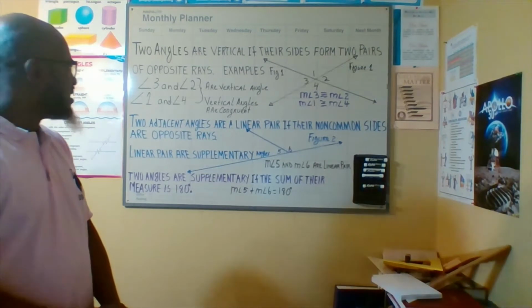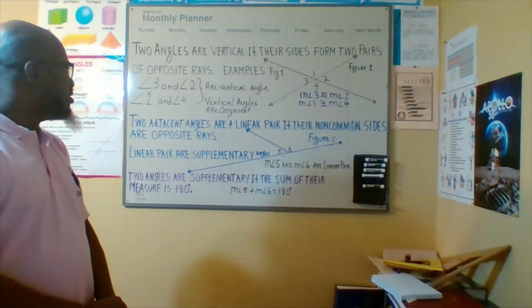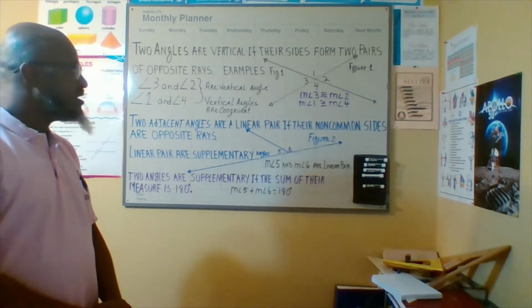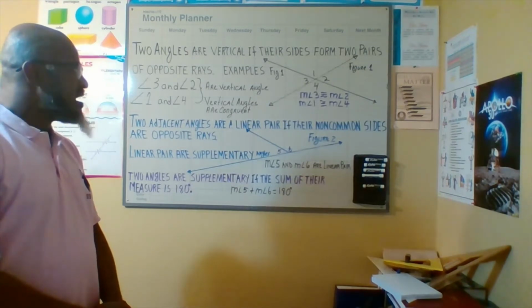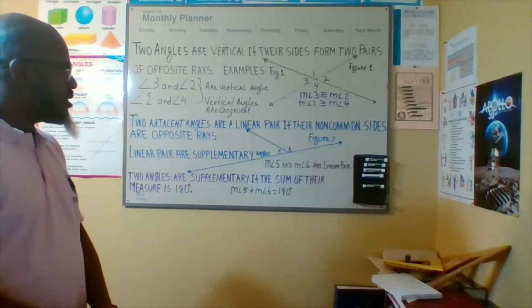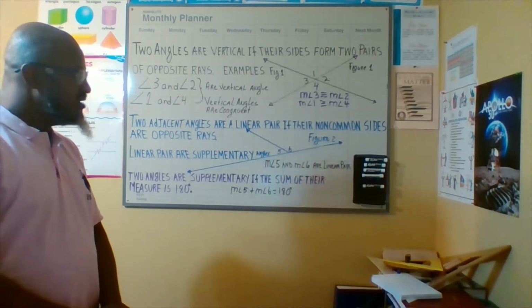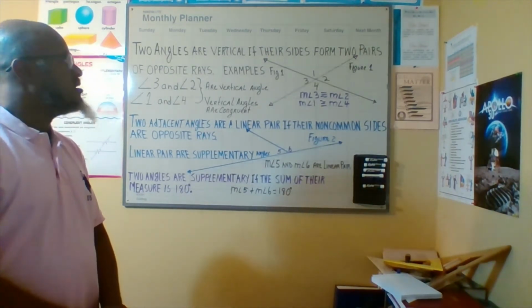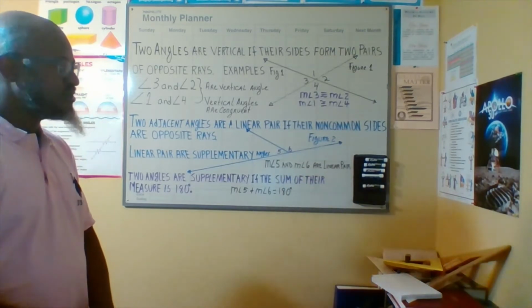Two angles are vertical if their sides form two pairs of opposite rays.